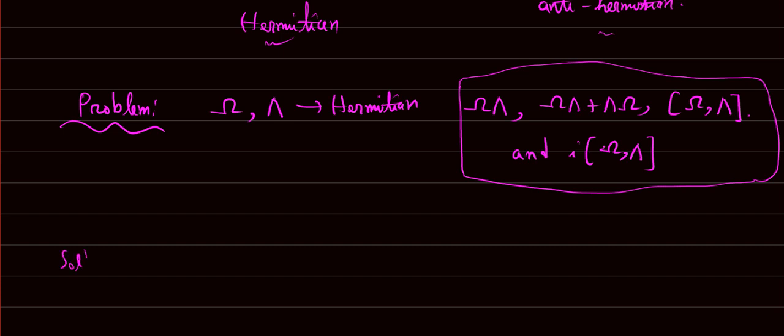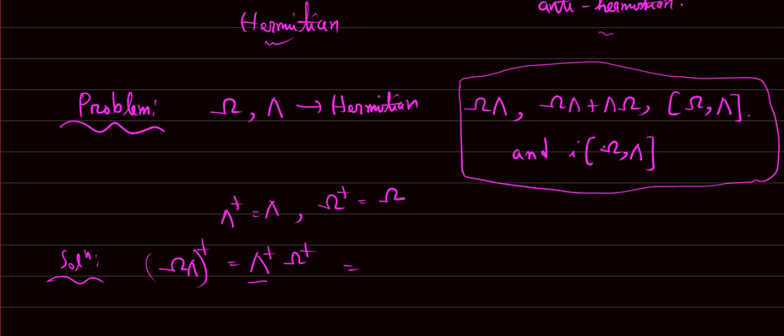So solution. Let's see the first one, the product. If we take the adjoint operation, by definition of adjoint operator, this is like this. If both of them are Hermitian, that means this is equal to lambda and omega, or adjoint of omega is equal to omega.